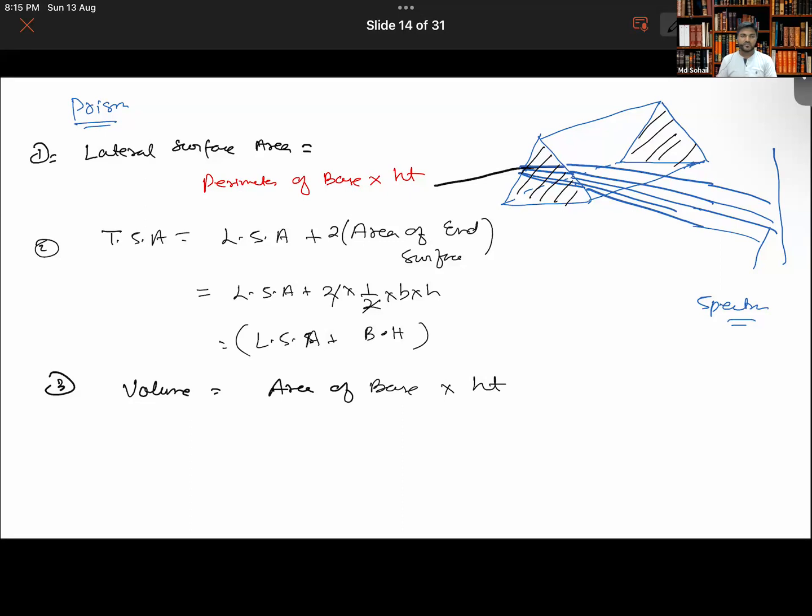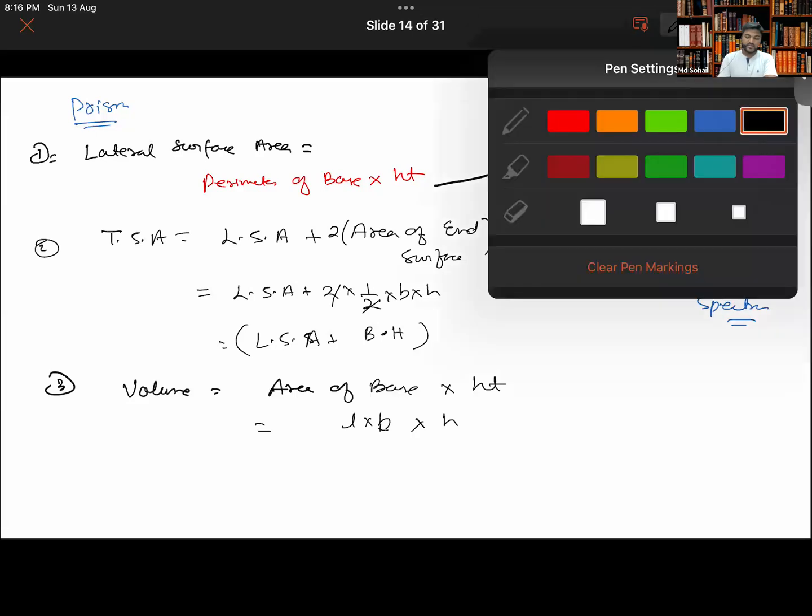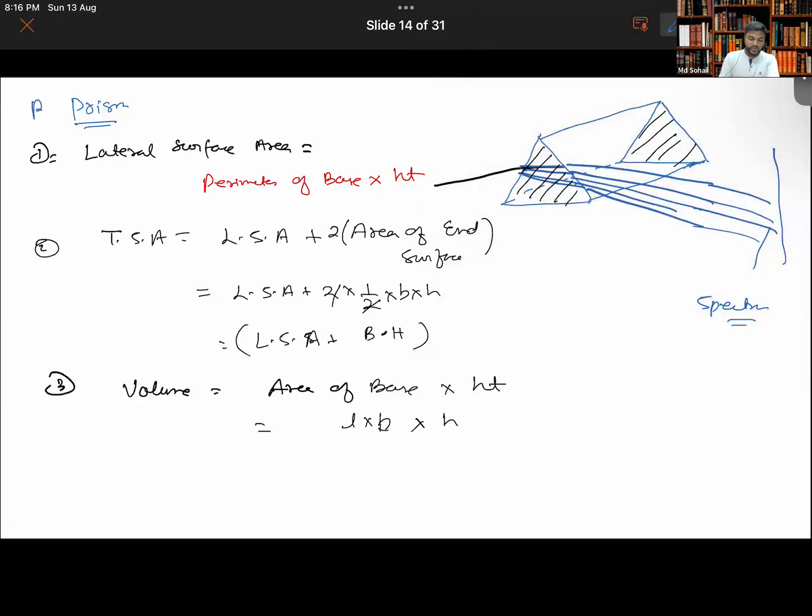So that's how you can get the volume of a prism. Whatever the area of the base is going to be, let's say it's length into breadth, then area into height, right? So that's how we calculate it. And here we are especially talking about the right prism. So remember that point.